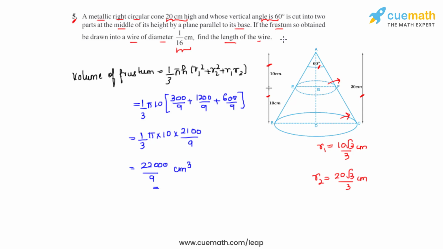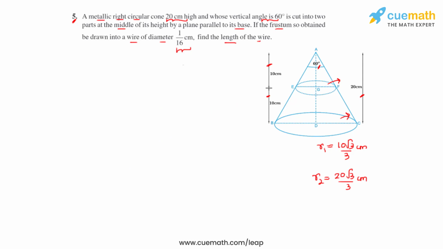The question had said that the frustum so obtained is drawn into a wire of diameter 1/16 centimeter, and we have to find the length of the wire. The volume of the wire will be equal to the volume of the frustum that we have found now. So we will first find the volume of the wire. If we take the length of the wire to be L, and the radius of the wire to be r, it will be equal to 1/16 by 2, and that will be 1/32 centimeters.